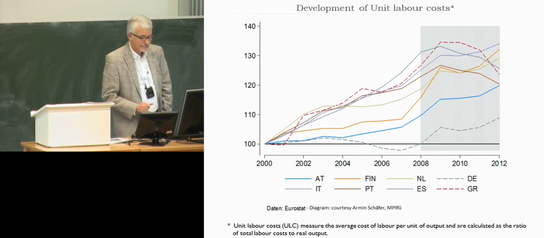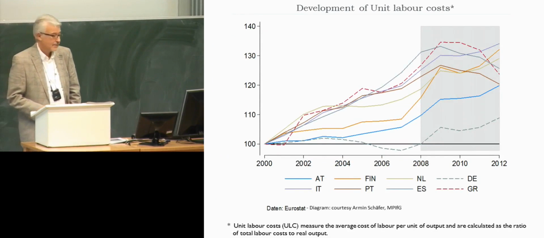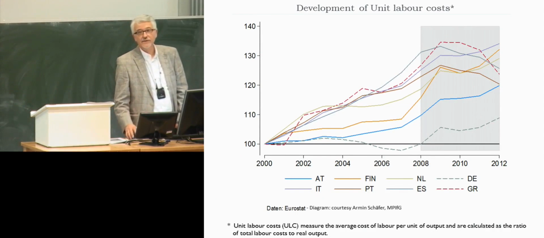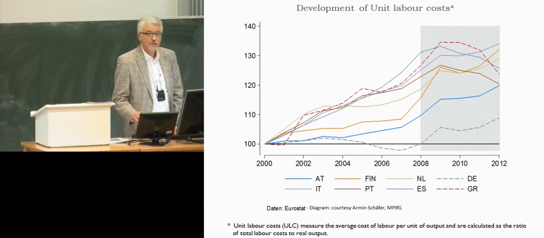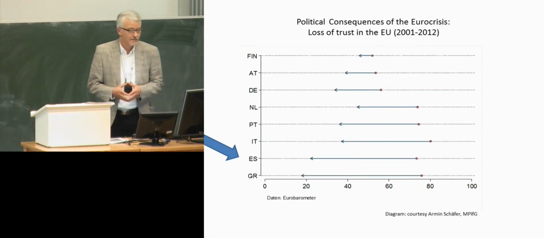Now, heterogeneity we also find in terms of political systems. I don't want to go deeper into that now, but point to the threats for democracy and legitimacy in the Eurozone member countries. Look at the political consequences of the Euro crisis.